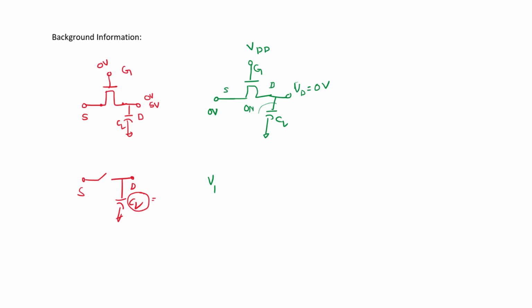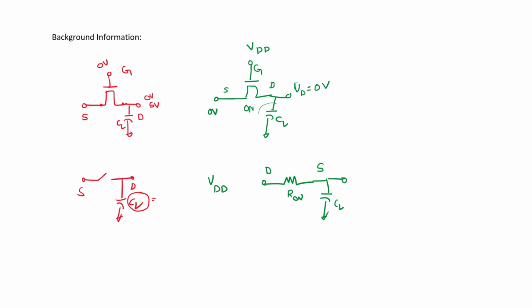Suppose we apply VDD at the source terminal. This transistor is on, and a small resistive path exists between the drain and source terminals. I will assume some load capacitance here. Now the roles of source and drain are reversed: this now acts like the drain terminal and that acts like the source terminal.